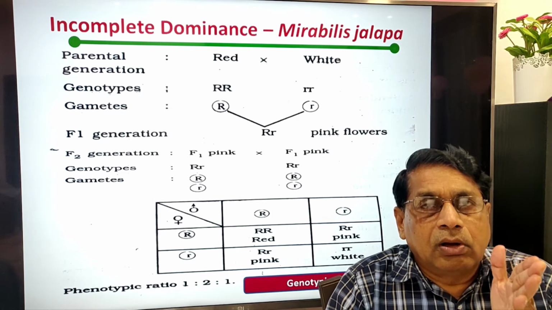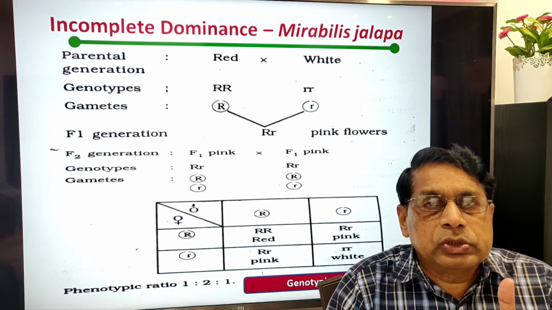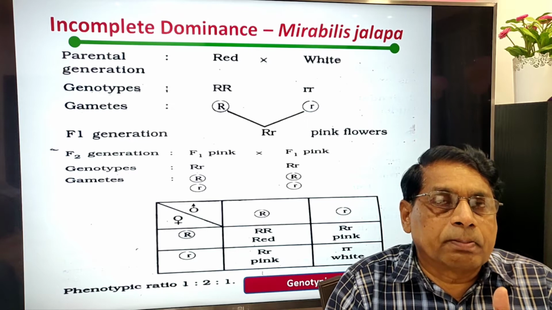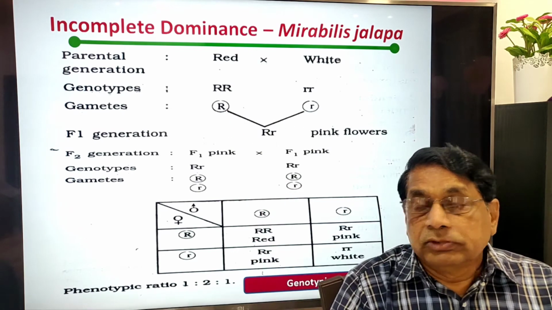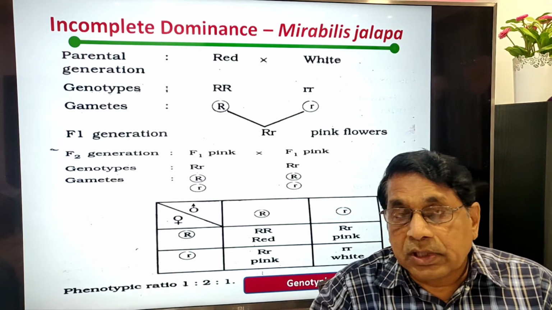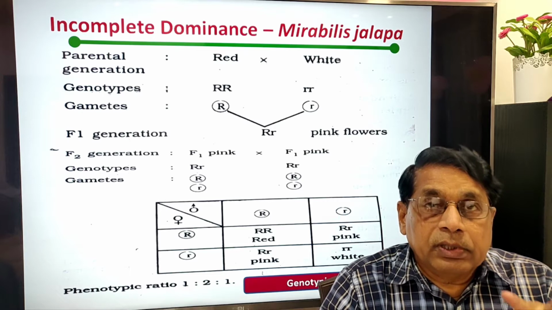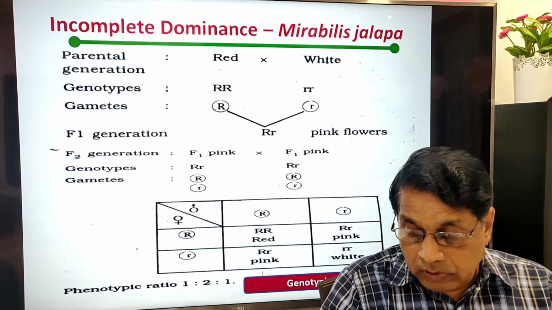Remember, in the law of dominance, in the F2 generation, phenotypic ratio is 3:1, genotypic ratio is 1:2:1. But in incomplete dominance, in the F2 generation, both phenotypic and genotypic ratios are the same, 1:2:1.